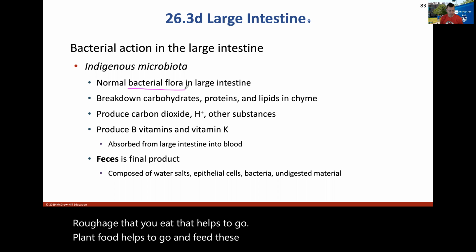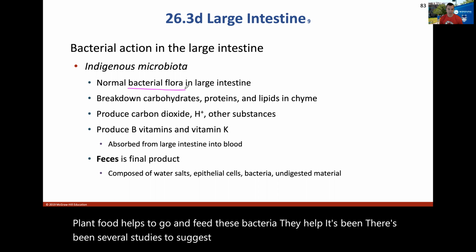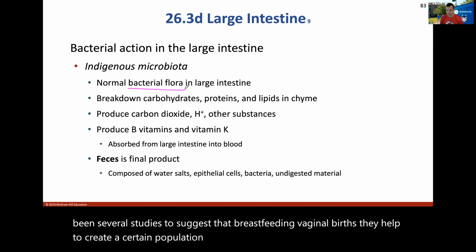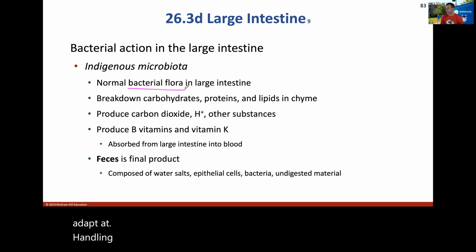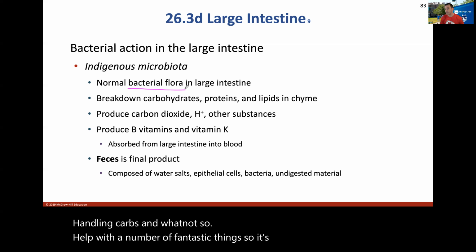There have been several studies to suggest that breastfeeding and vaginal births help to create a certain population of bacteria down here that are much more adept at handling carbs and whatnot. So it's worth eating properly for that fact.